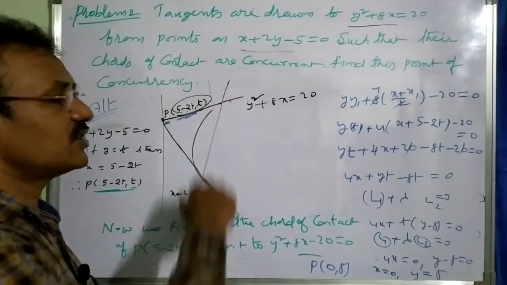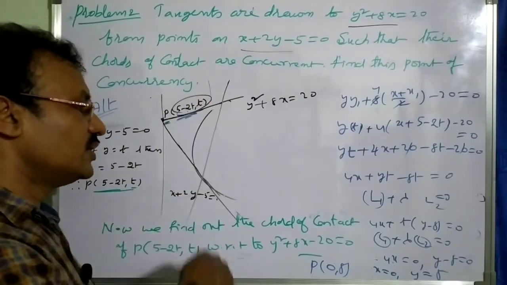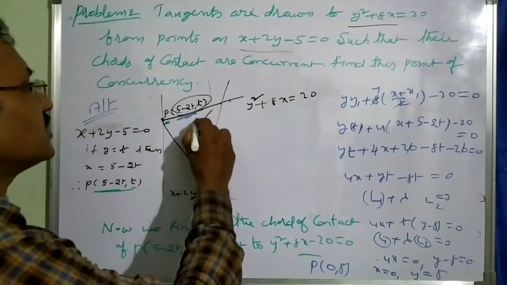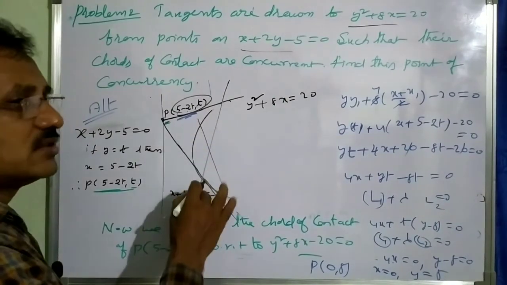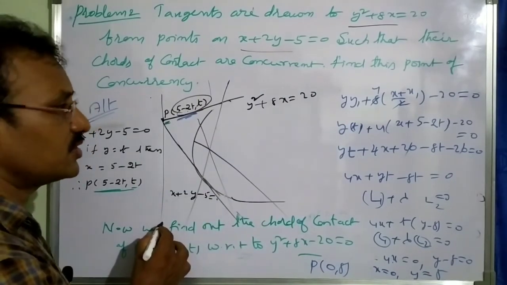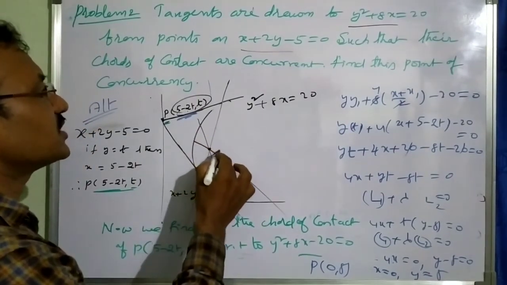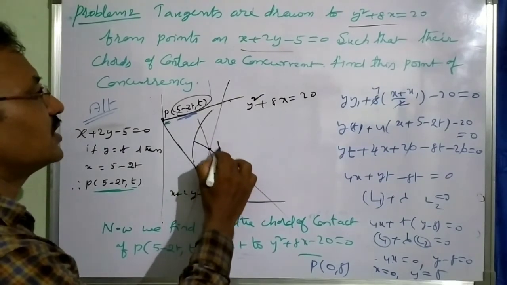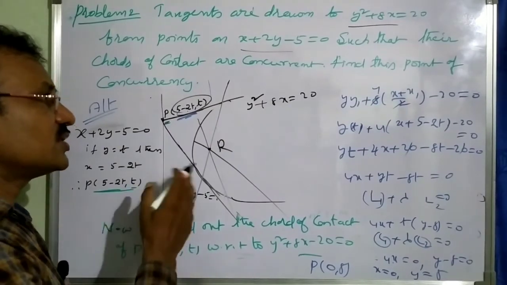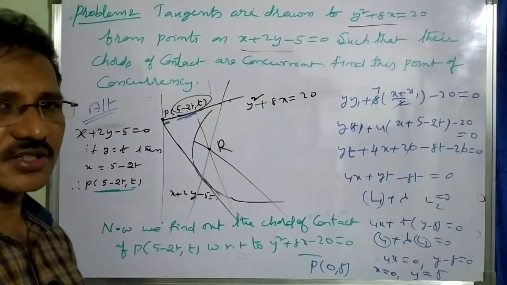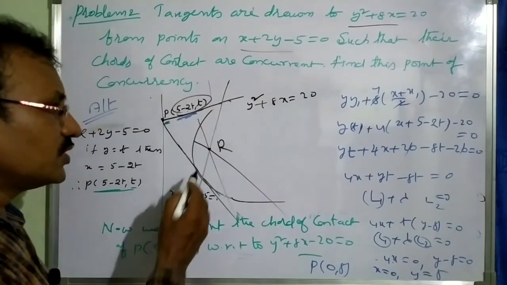So by changing the position of P, we are getting different chords of contact for this conic. One time we get the chord of contact here, another time some other chord of contact by taking a different point. All these chords of contact are concurrent at some point, and the point of concurrence of all chords of contact is nothing but the pole.